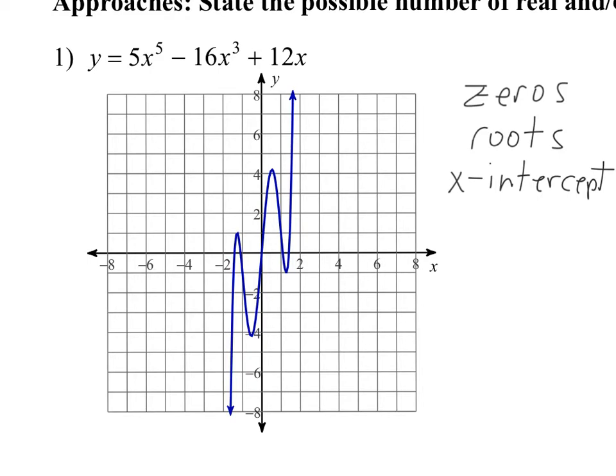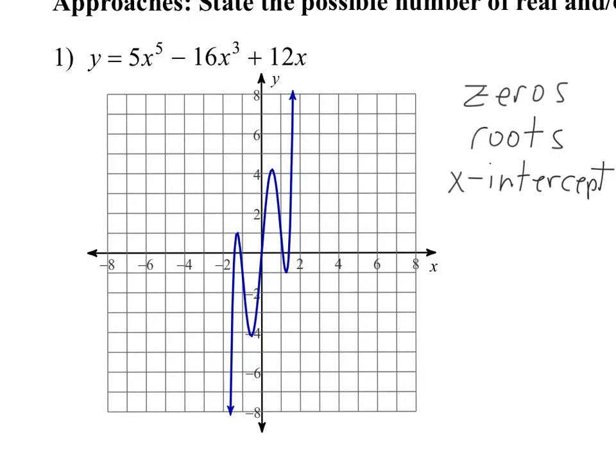For example, that point right there might be say negative 1.5 comma 0. In other words, the y value is at 0. Whenever a point is on an x-axis like these are, the y value is 0. Therefore, those x-intercepts are also zeros. X-intercept, root, zero, they all pretty much mean the same thing.